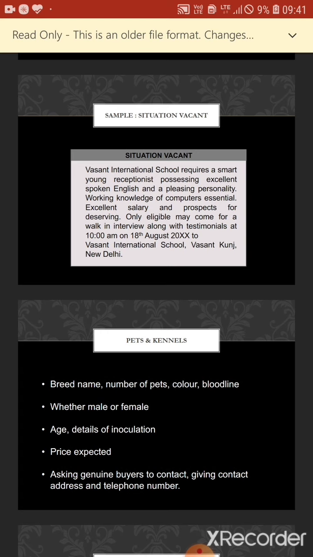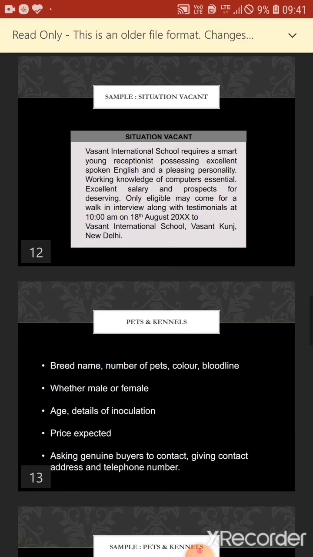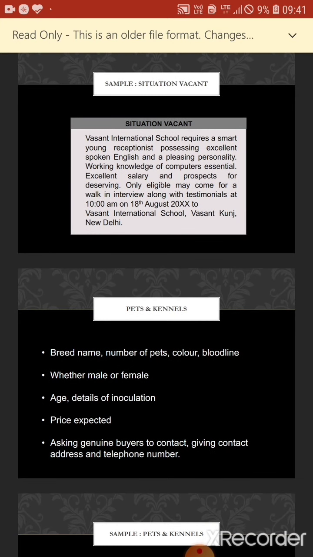So the requisite qualification or the traits required in the candidate have also been mentioned. Smart young receptionist possessing excellent spoken English and pleasing personality, working knowledge of computers essential, excellent salary and prospects for deserving. Salary and prospects have also been mentioned.